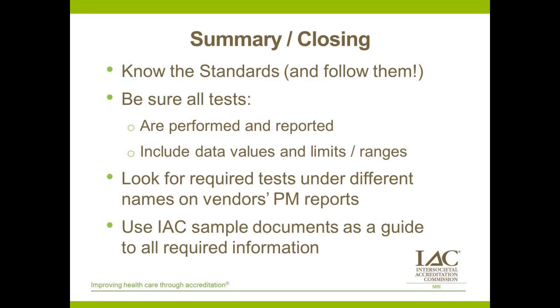And really make use of that IAC sample document. We put that together as a tool so that you can go through and see what you're expected to have and very easily check it off. And maybe that makes a good substitute in some settings to say, well, if the reports or the forms we have don't have spaces for all the right information, we'll use this to provide it.